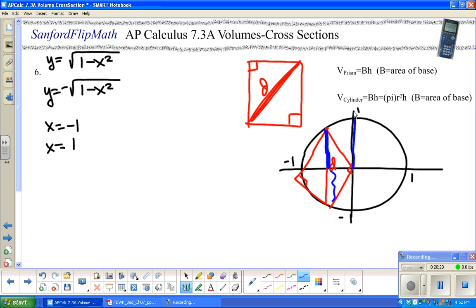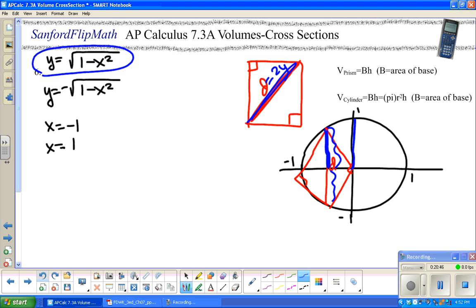So this is really whatever that y value is, and that y value comes from this. Okay. So this diagonal, sorry, I'll call it 2y. It's got to have a top half and a bottom half. Okay. So now the question is, how does that help me?